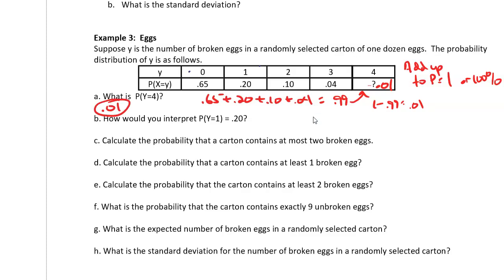Now how would I interpret the probability of y equals 1 is 0.20? So they're talking about this one right here. Probability of the 1 cracked egg is 20%.